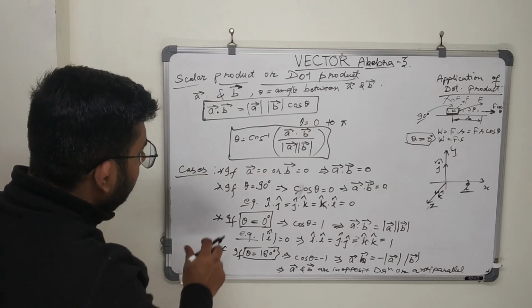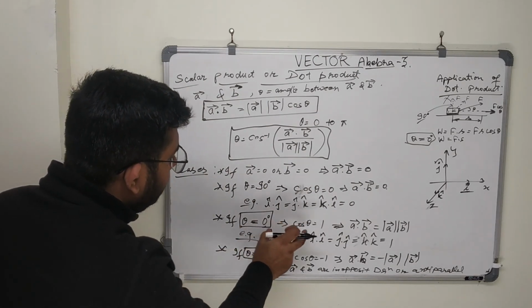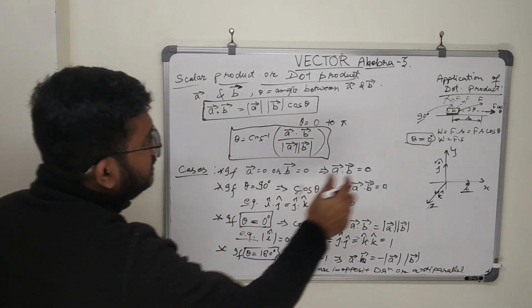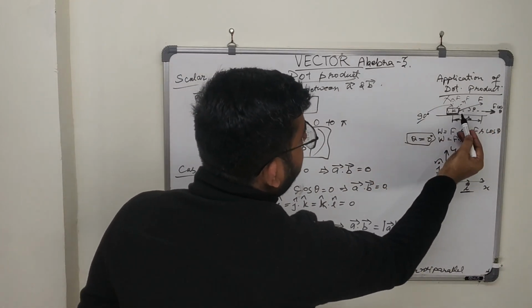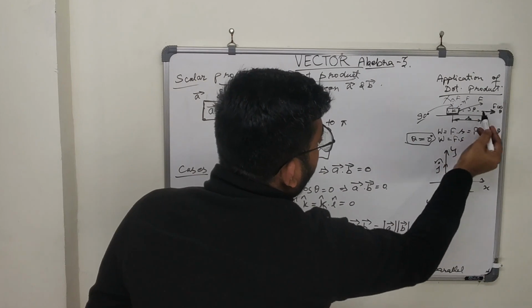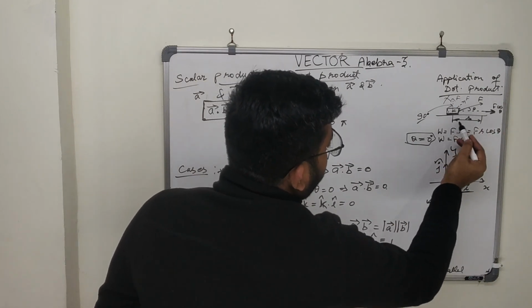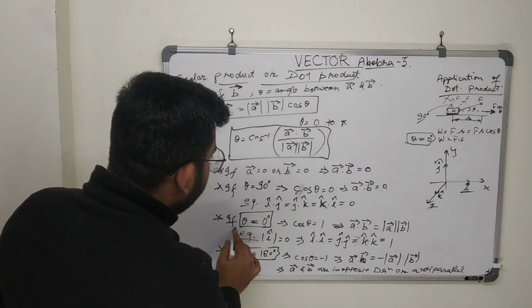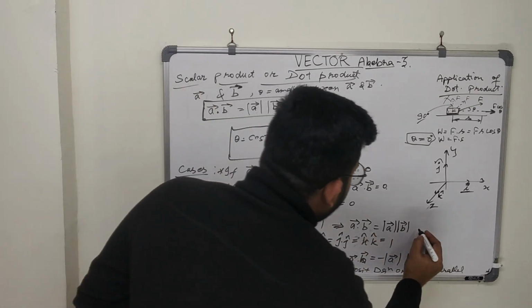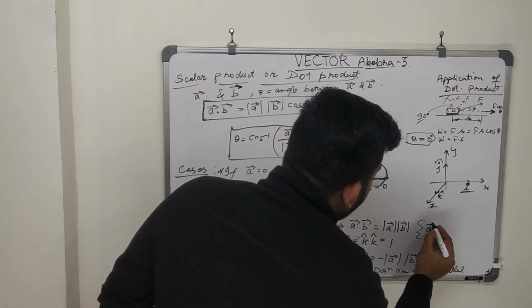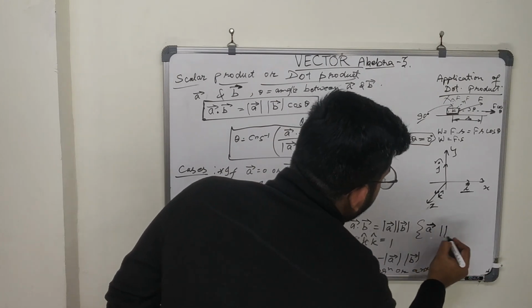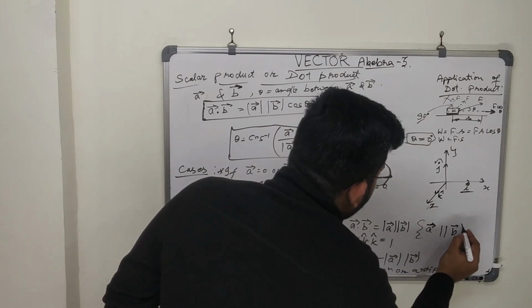एक और चीज देखिए, when theta is equal to 0, cos theta is equal to 1, we can see from this also, जब theta 0 होगा तो F will be parallel to the direction of movement, that is displacement S. So in this case, A vector and B vector are parallel to each other, that is A vector is parallel to B vector.